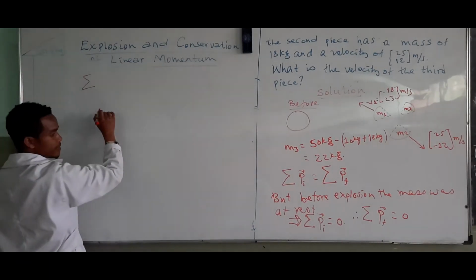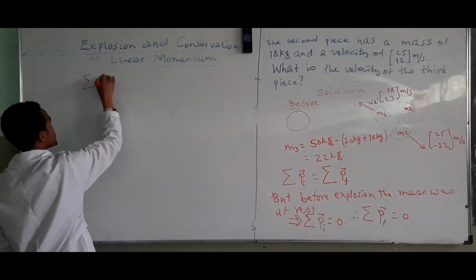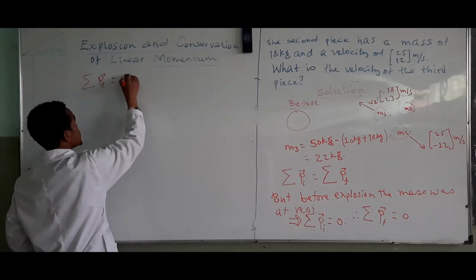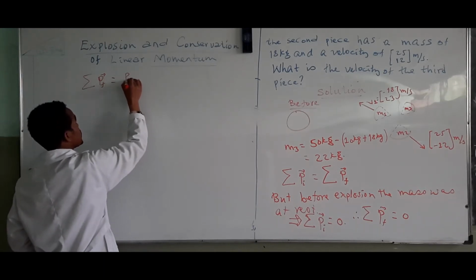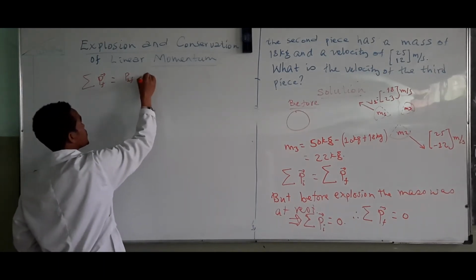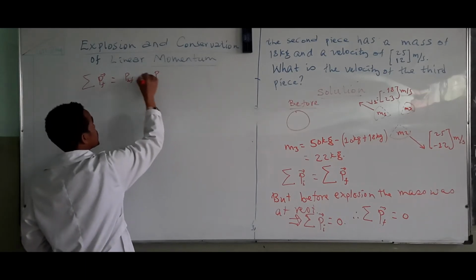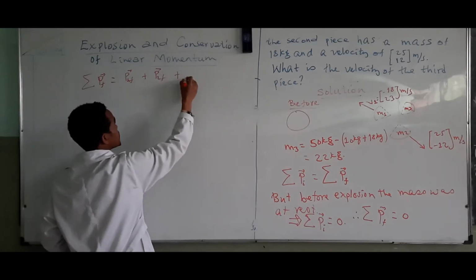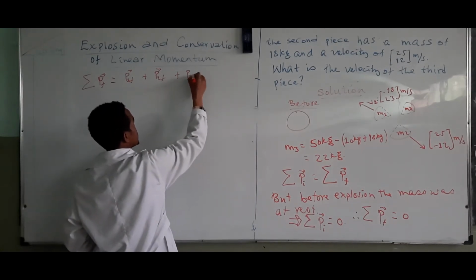So now we can solve for the velocity of the third piece using this. The sum of linear momenta after the explosion is equal to the momentum of mass 1 final plus the momentum of mass 2 final plus the momentum of mass 3 final.